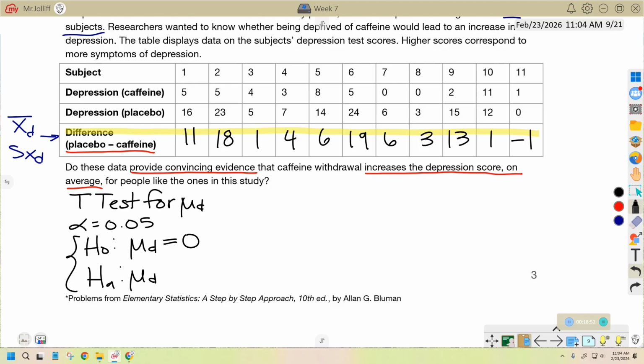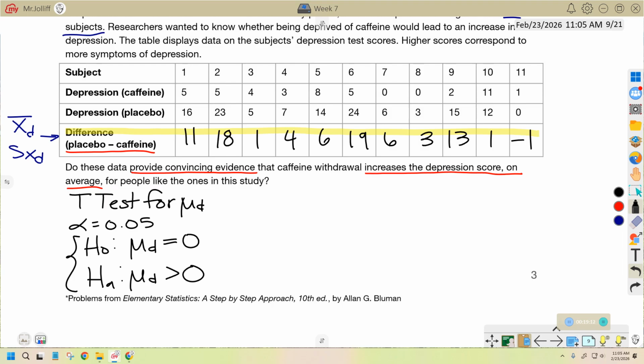Will my answer be positive or negative? Positive. Higher minus lower is positive. So these should be, if the researcher is correct, bigger than 0. Caffeine withdrawal causes depression scores to go up, causes that mean difference to be positive.